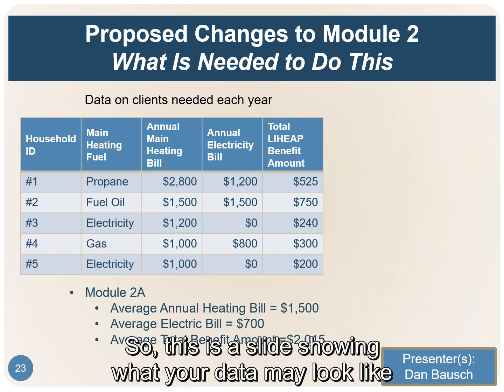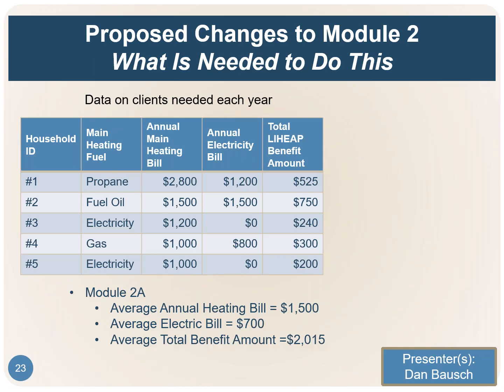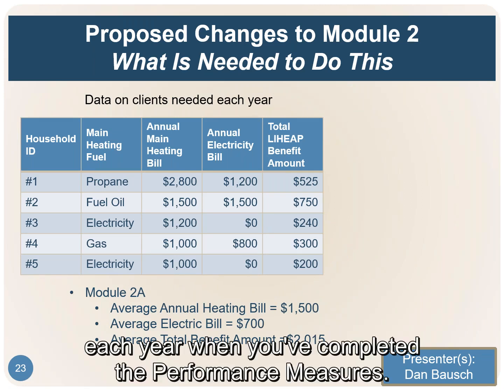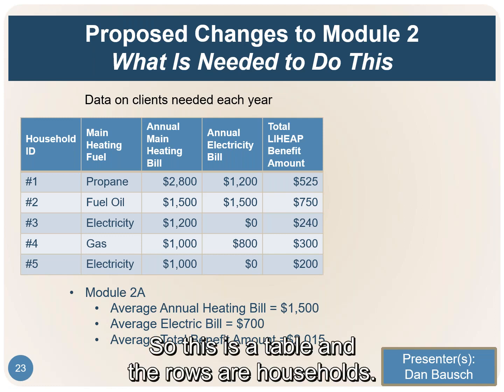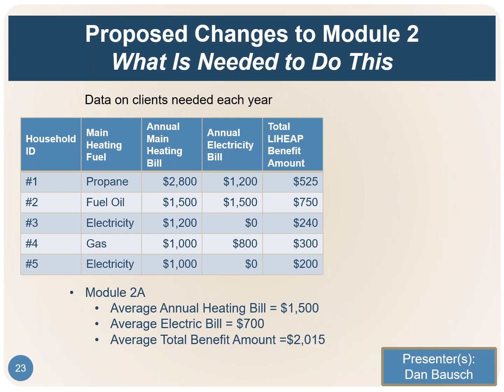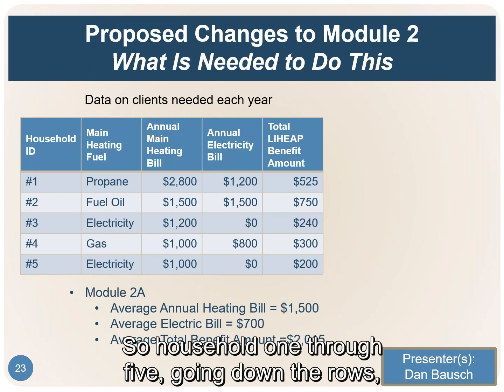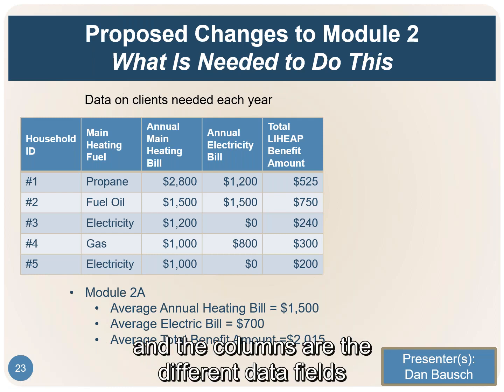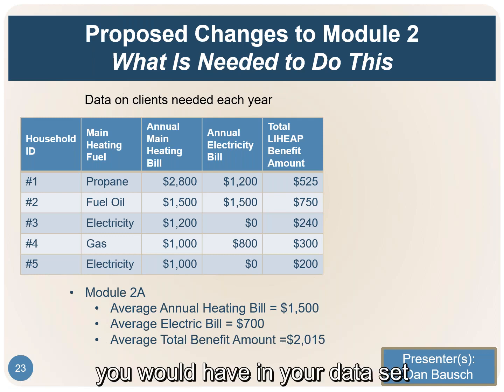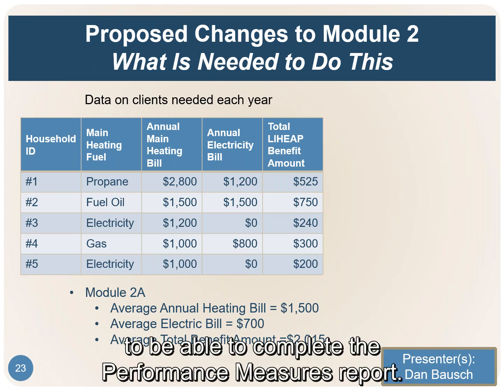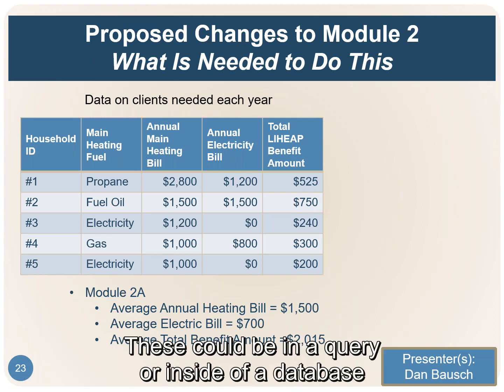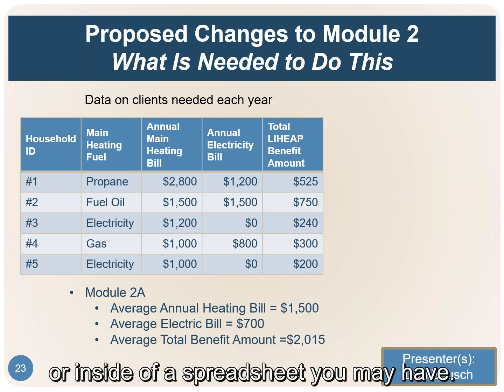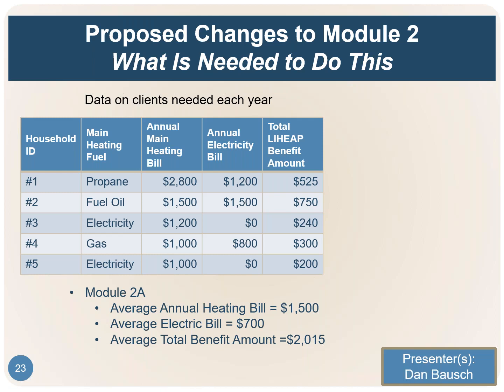So this is a slide showing what your data may look like each year when you've completed the performance measures. This is a table and the rows are households. So household 1 through 5 going down the rows. And the columns are the different data fields you would have in your data set to be able to complete the performance measures report. These could be in a query or inside of a database or inside of a spreadsheet you may have.